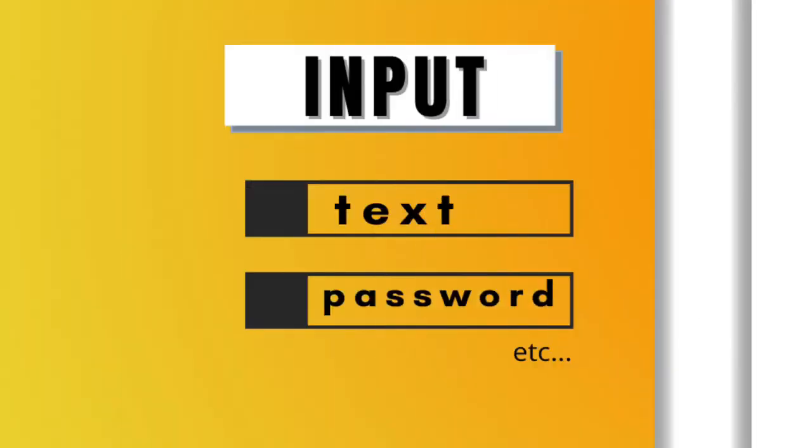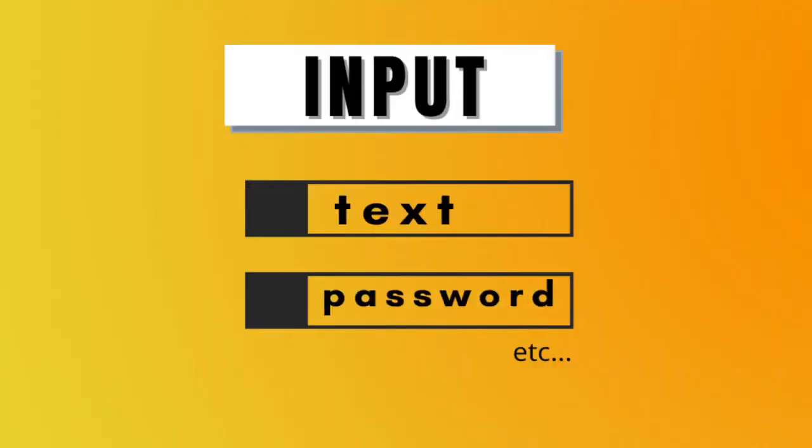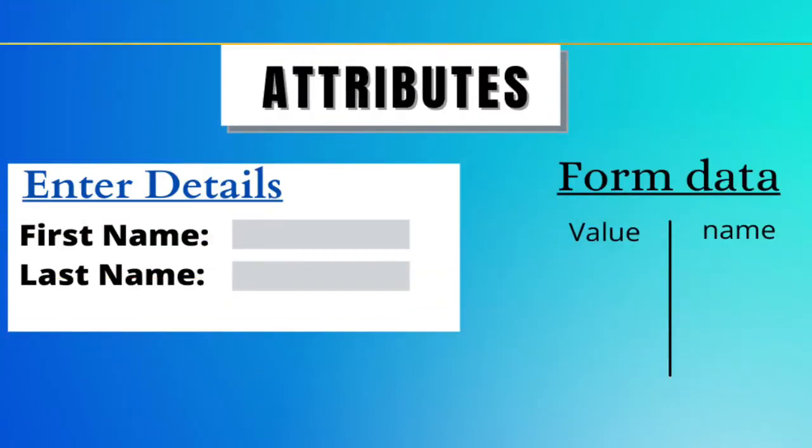The main element in this form is the input element, which means we will be giving the input, right? So for that we will use the input element. We have types like text, password, etc. We'll be looking at that in action. The other attribute is name. In the name we give the identity of the element.